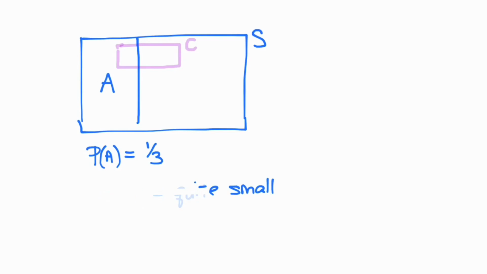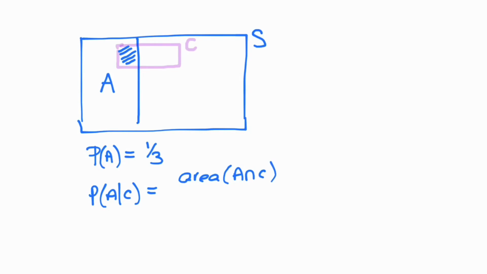In this case, if I know C has happened, the probability that A happens is given by the ratio of this shaded region divided by the area of the purple rectangle. So the probability of A given C is the area of A intersect C divided by the area of C, right?